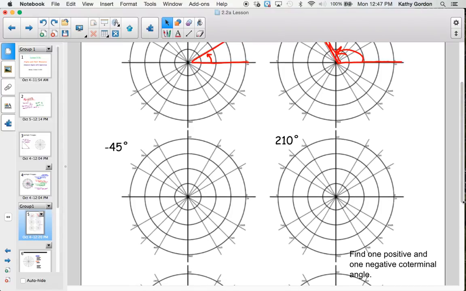Negative 45 degrees. Alfred? Negative 45? Think about which way and how far.